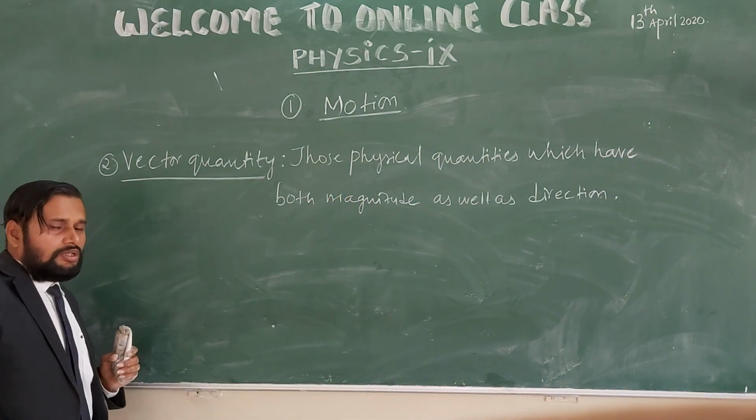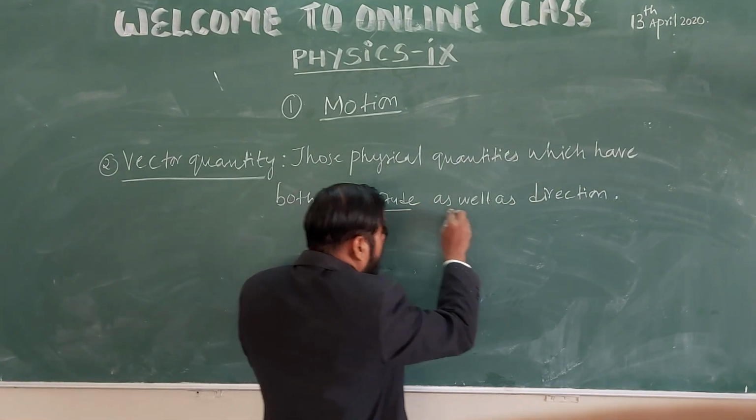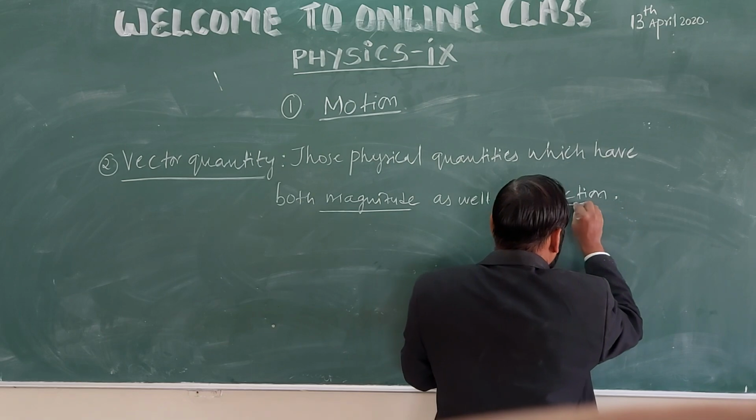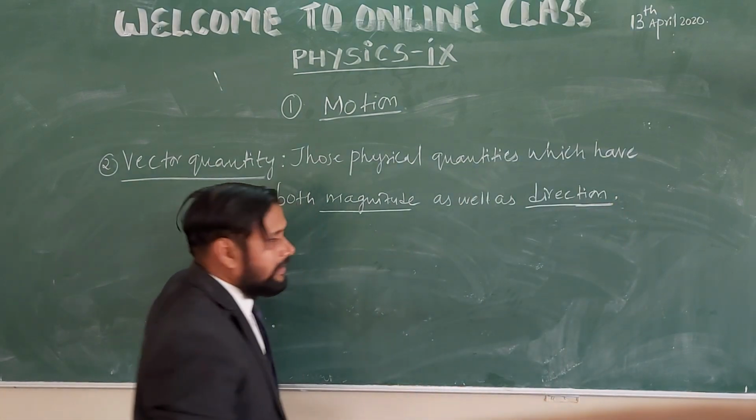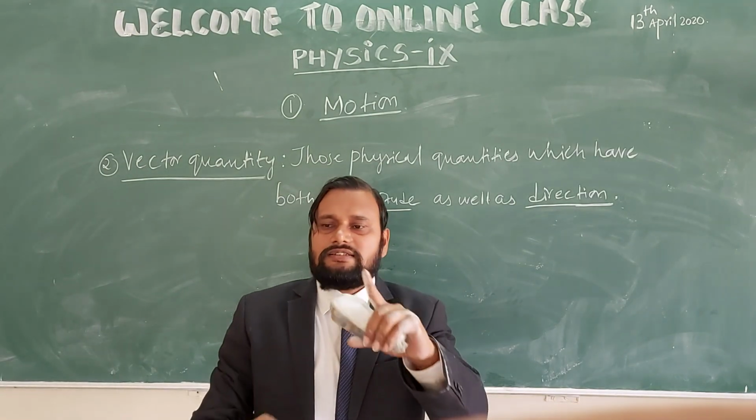That means those physical quantities which have both magnitude as well as direction are called vector quantity.